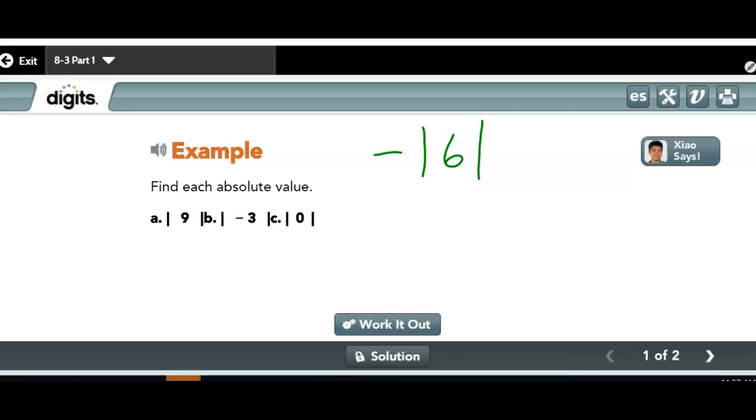Close. Perfect. Nice job. You start from the outside. The opposite of the absolute value of 6. Then we work inside out. What is the absolute value of 6? All together. 6. What's the opposite of 6? Negative 6. That is your answer.